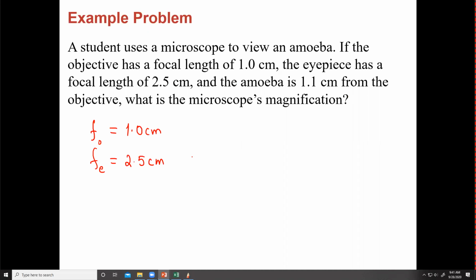So that's the distance between the amoeba and the objective. Okay. What is the microscope's magnification? We need to find the magnification.